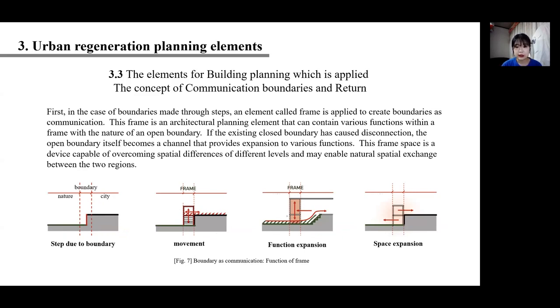If the existing closed boundary has caused disconnection, the open boundary itself becomes a channel that provides expansion to various functions. This frame space is a device capable of overcoming spatial differences of different levels and may enable natural spatial exchange between the two regions.